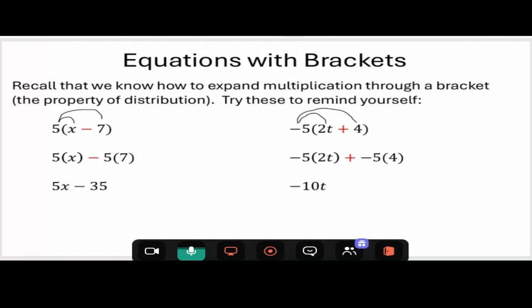Negative 5 times 2t becomes negative 10t, because negative 5 times 2 is negative 10. And plus negative 20, plus negative 5 times 4. Negative 5 times 4 is negative 20. I'm probably missing a step there. This should say plus negative 20, but of course adding a negative is the same thing as subtracting, so negative 10t minus 20. So there is our expanding brackets reminder.